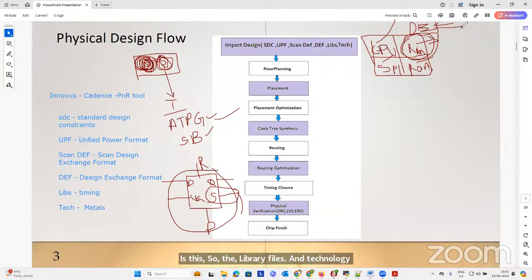Technology library files have the metal information, metal thickness, metal density, and all these things. And the timing, delays, and everything are available in libraries, the .libs.